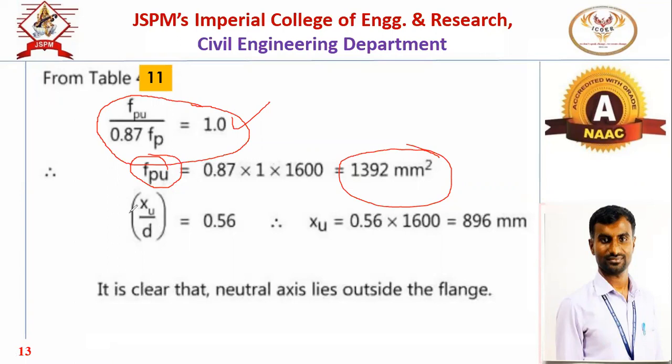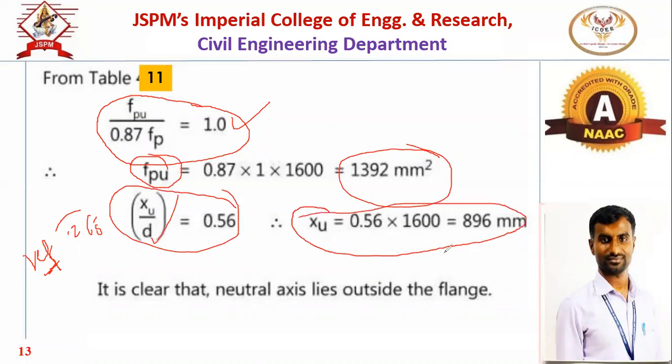And again from table number 11, for this respective value, we will get the depth of the neutral axis with respect to the reinforcement ratio of 0.265. From that table, we get the depth of neutral axis as 0.56. Now d is known to us, that is 1600. So from this we will get xu. Now this xu is greater than Df.